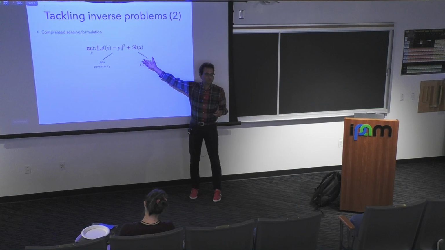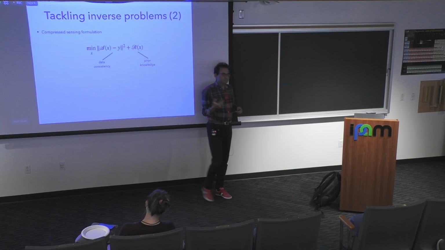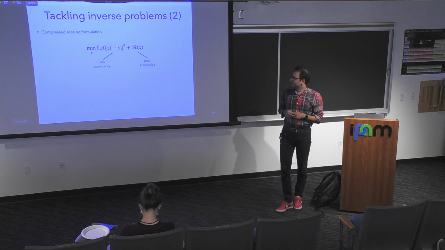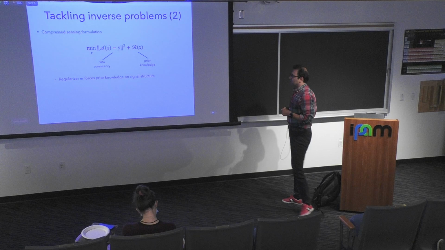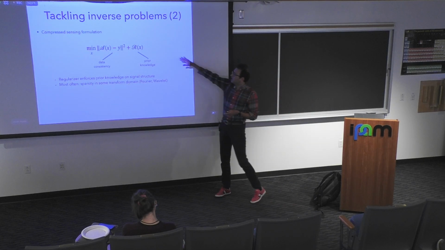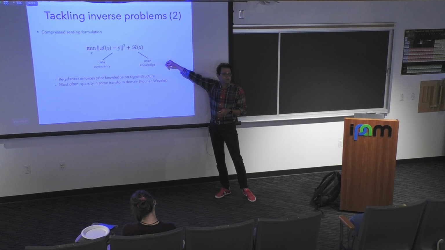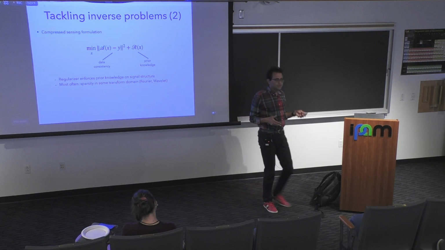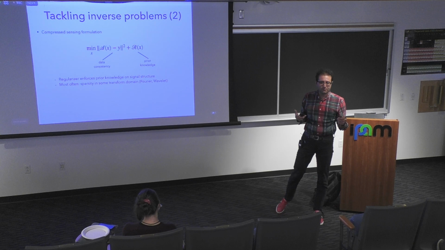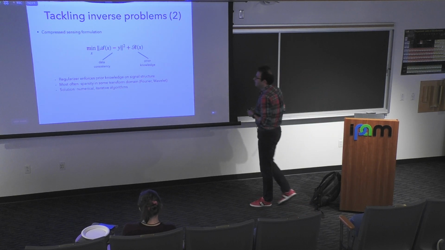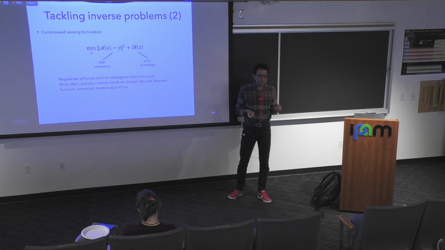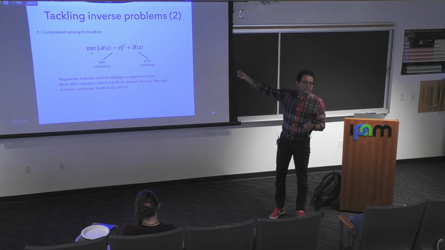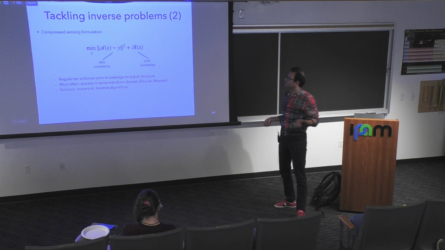And then you have some sort of regularizer that enforces the prior knowledge that you have about the underlying signal. So often in this literature, this regularizer was some sort of sparsity or low TV norm in an appropriate basis, like a Fourier basis, maybe an overcomplete wavelet or something like that, right? And the way you would solve these things is you formulate this optimization problem, and you run an iterative algorithm typically to find the solution, right?